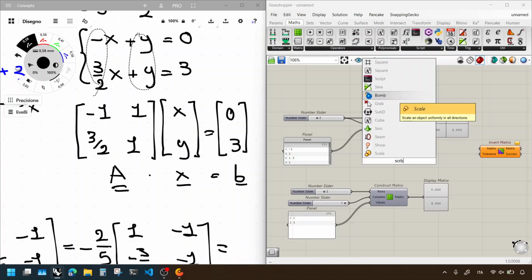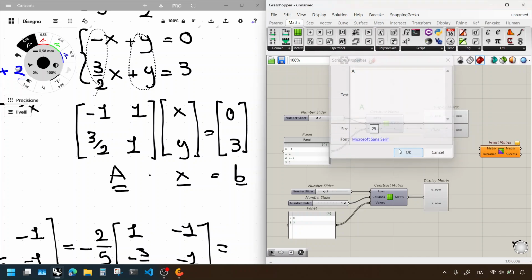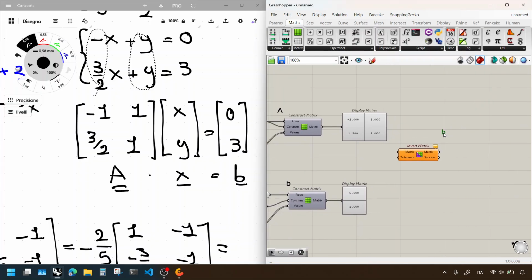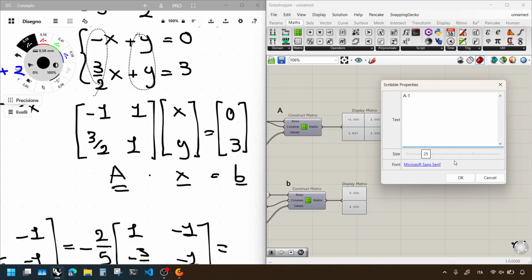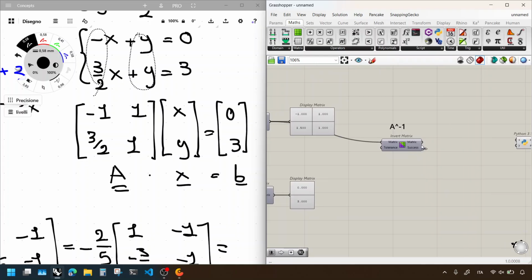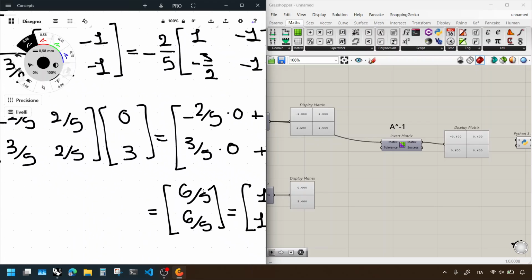So this is matrix A. This is vector B. And then we want to find out matrix A to the power of -1. Let's say it like this, A minus 1. So we take this matrix here, and this gives you the inverse of the matrix. So let's go there, and you get the same result as we got, hopefully. Let's go see A minus 1.